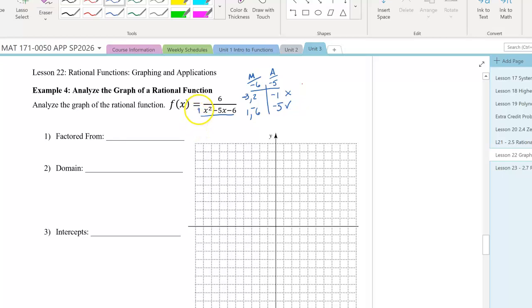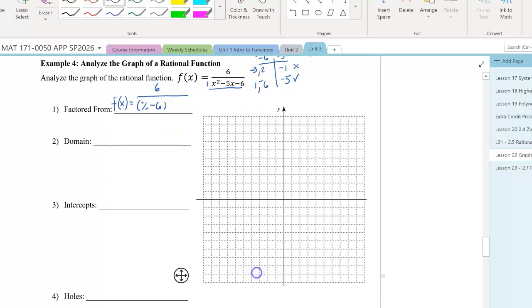And since the coefficient of my x squared term is 1, I can go right to the parentheses. So the factored form of my function becomes 6 over x minus 6 times x plus 1.